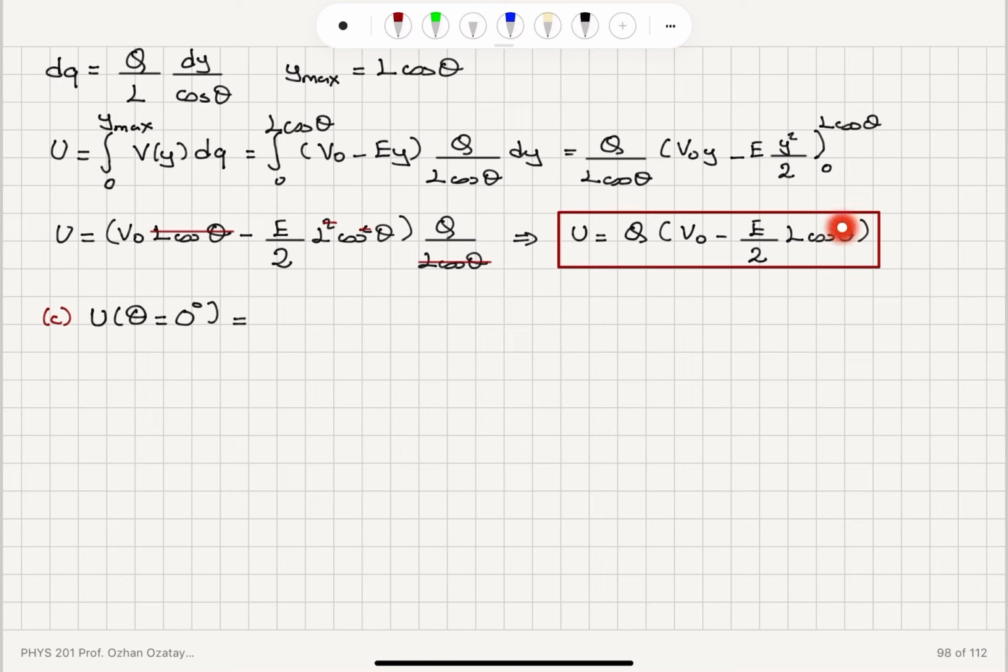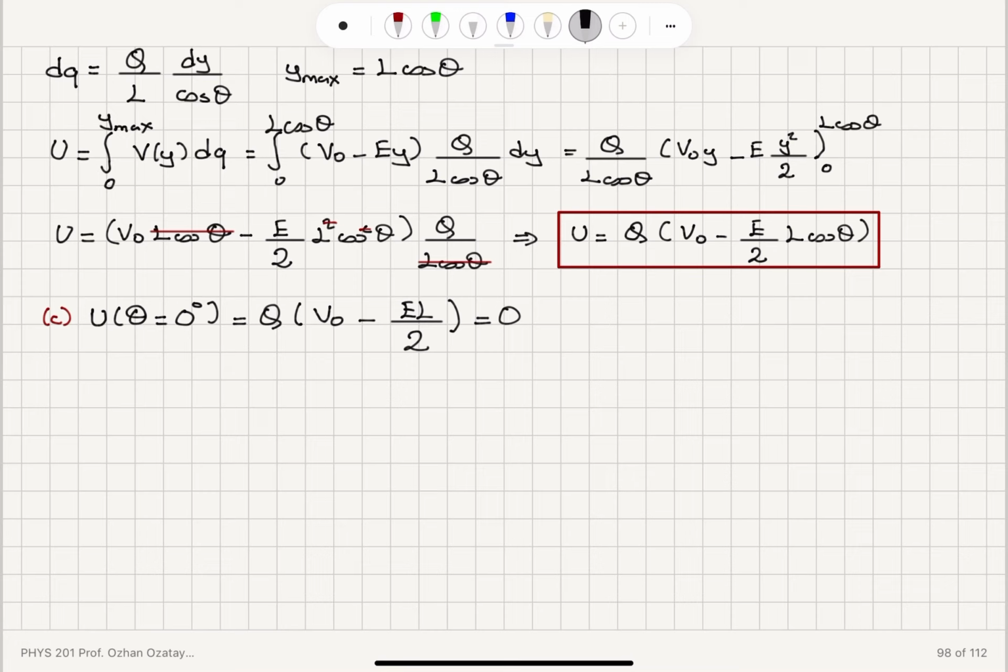Cosine 0 is equal to 1, so this will make it capital Q times V0 minus EL over 2 in the parentheses. And I want this potential energy to be 0.